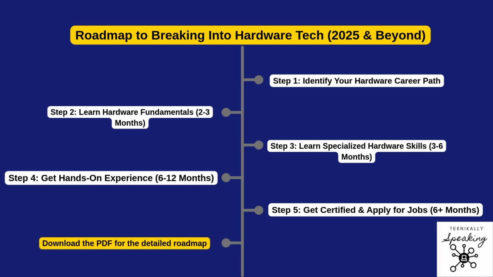Step three, learn specialized hardware skills. So depending on your career choice, the path you chose, you'll focus on a specialized skill. So you would, for instance, let's say you're in cybersecurity hardware engineer path, you would learn firmware security, reverse engineering, and penetration testing. And you would study how hardware encryption works.